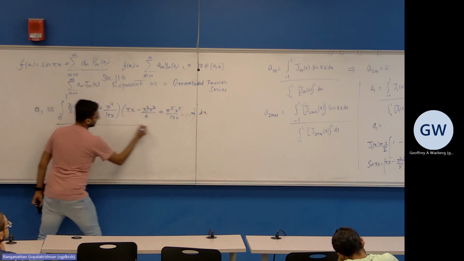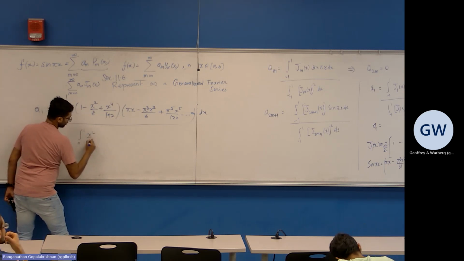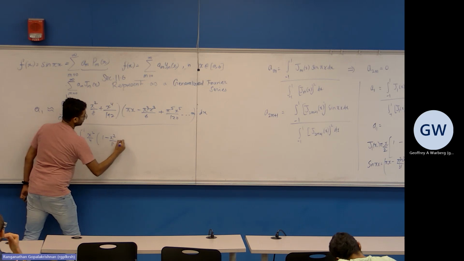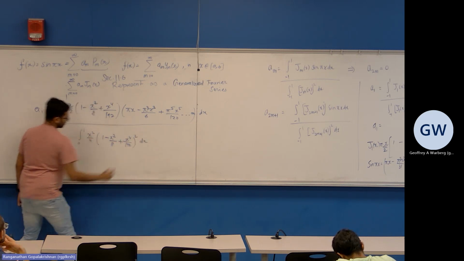And then on the denominator I'll have integral 0 to 1 of x squared over 4 times 1 minus x squared over 8 plus x to the 4th over 192 whole squared dx.